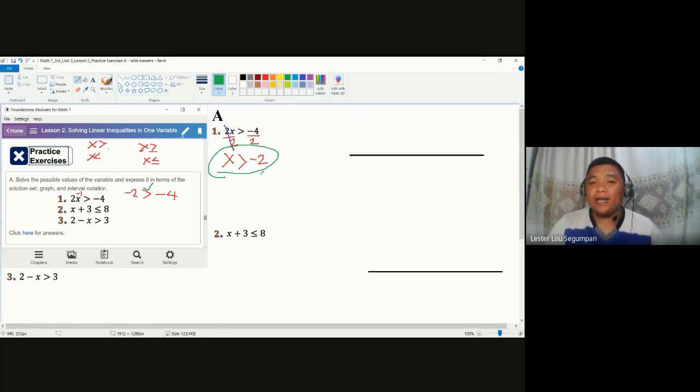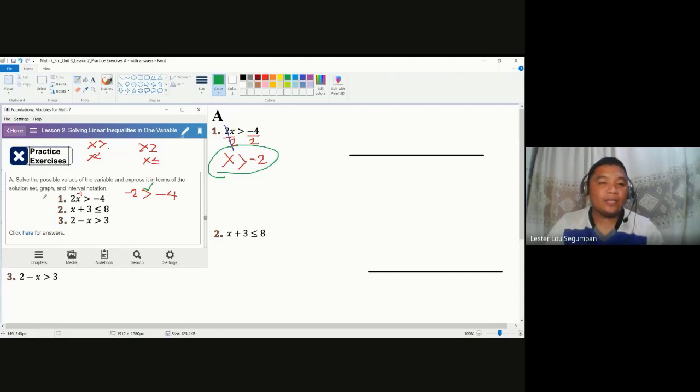But my best advice is to use a value that, when substituted, gives a clear result to any expression. And that value is 0, if and only if 0 is part of the inequality form. Here, 0 is part of this inequality form because 0 is greater than negative 2.